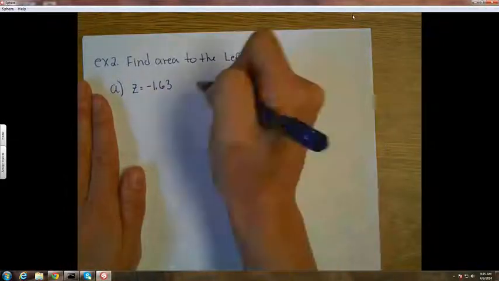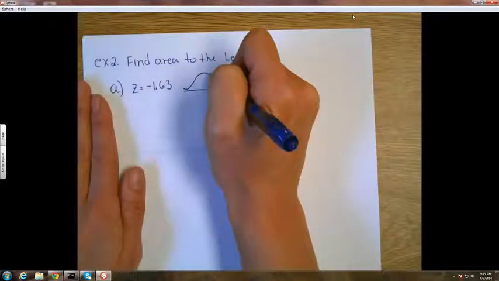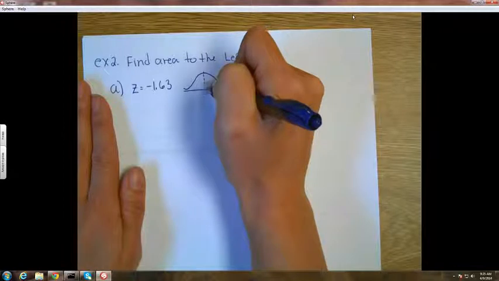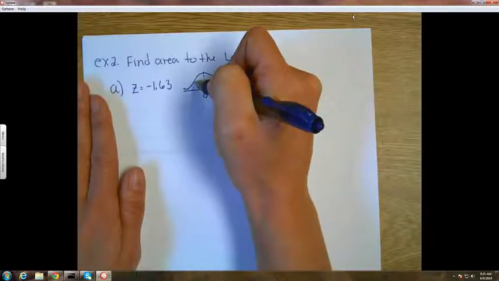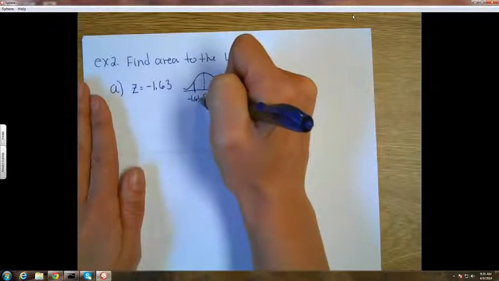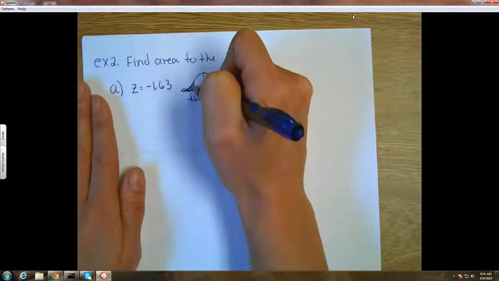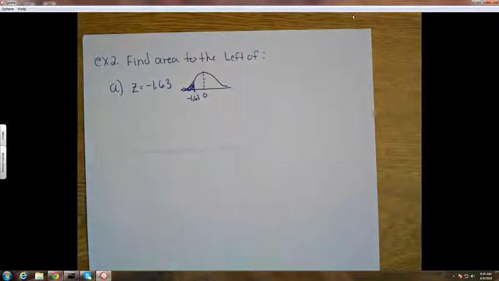I'm going to do a little sketch just so you can see what you're finding. Remember the z-score on the mean is 0. Negative 1.63 is about here. And I want this area to the left of that. And I'm going to find that area on the table.